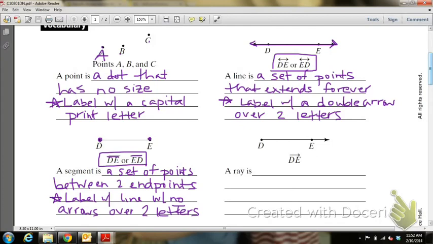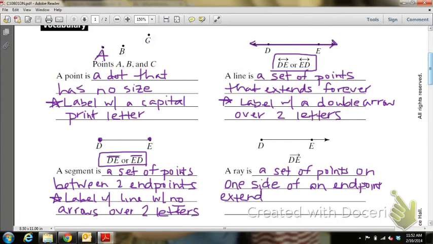A ray is a set of points on one side of an endpoint. And it extends forever on one side, not on both sides.